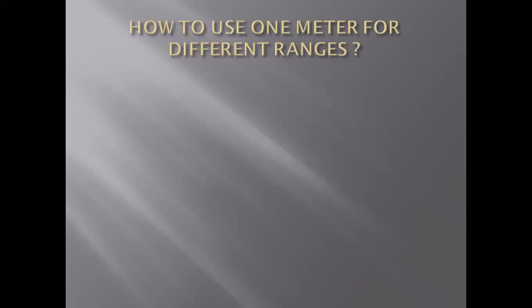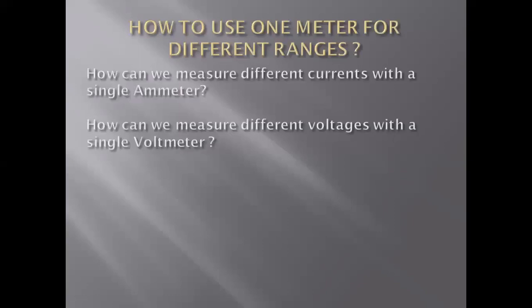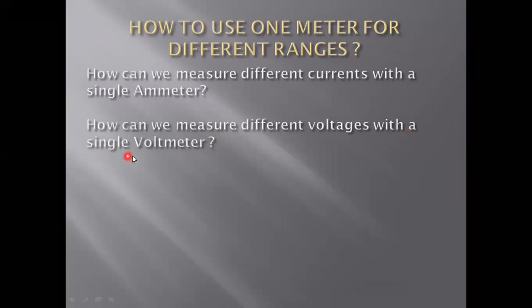So how to use one meter for different ranges? How can we measure different currents with a single ammeter, and how can we measure different voltages with a single voltmeter?